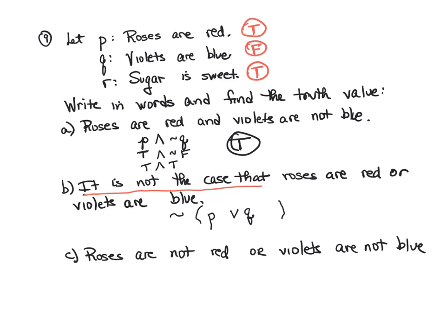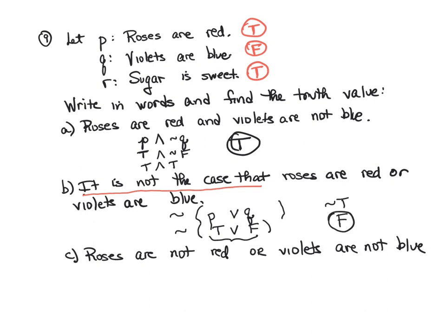All right, well, any case. So let's substitute. We get the negation of, now P is true and Q is false. And we'll use the order of operations. Parentheses comes first in logic. So true or false is true, and the negation of true is false.